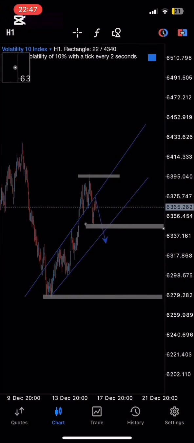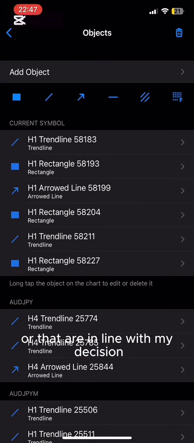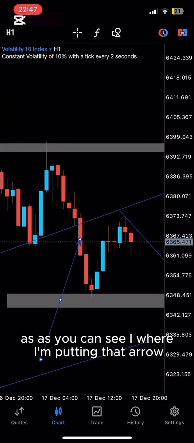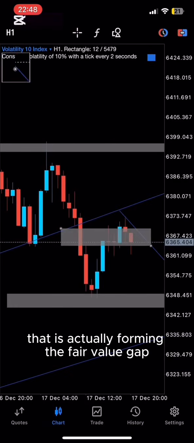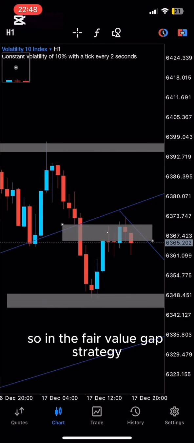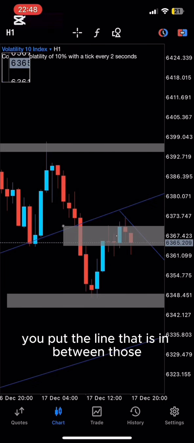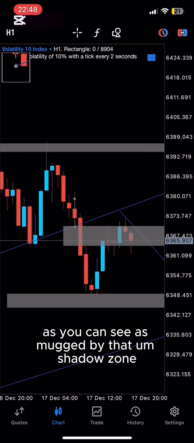So now I'm going to draw other lines that are in line with my decision. As you can see, where I'm putting that arrow, this is another big candle that is actually forming the fair value gap. So in the fair value gap strategy, you take note of the previous candle and the next candle, and then you put the line that is in between those two candlesticks, as marked by that shadow zone.